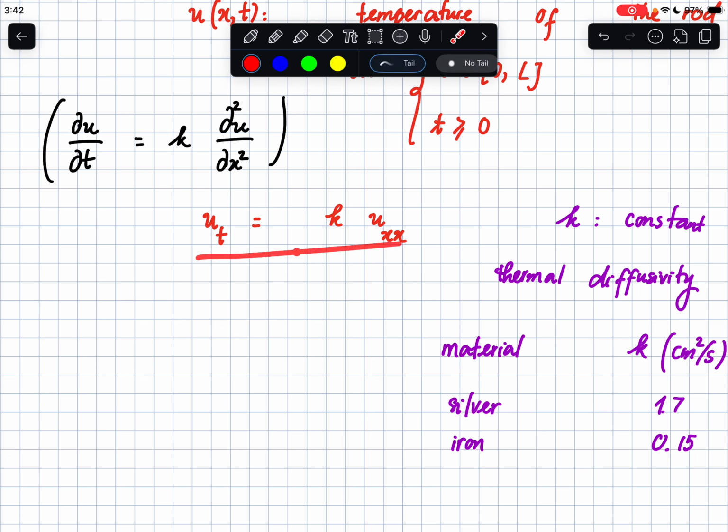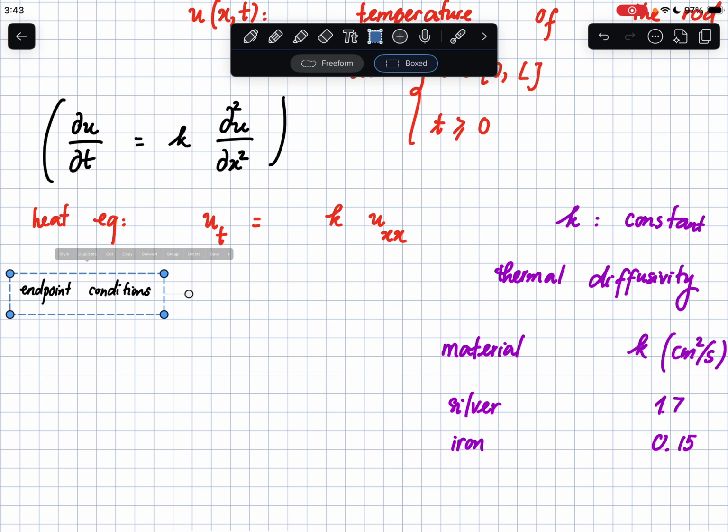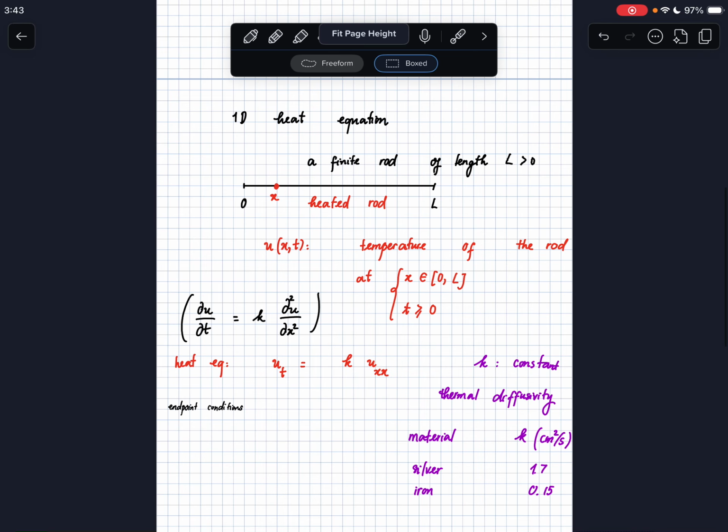So we first have the heat equation, and we will have a few conditions. The first one is the endpoint condition. We have two endpoints corresponding to 0 and L, the two ends of the rod, here and here.